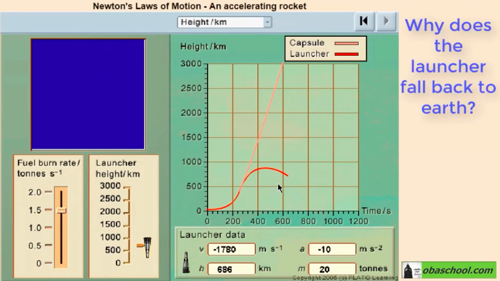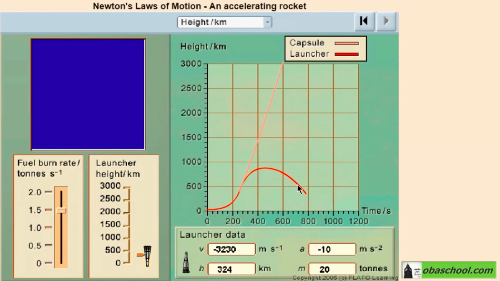Why does the launcher fall back to Earth? Yes, since gravity pulls it back down to the Earth, it doesn't have enough energy to escape from Earth's gravity.